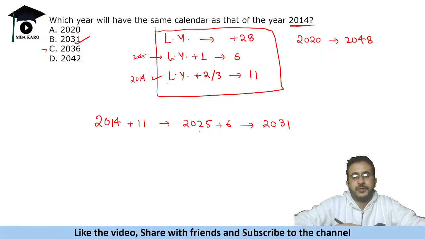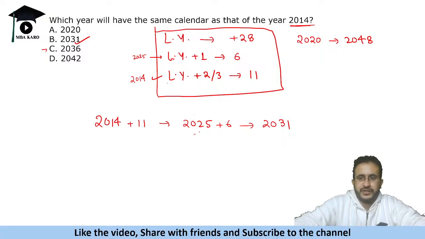Sometimes they might ask a question that in which year next year the calendar would be same. So next would be 2025 because it will repeat after 11 years. And now it has become of the format leap year plus 1 because 2024 will be a leap year. So it will repeat after 6 years, hence 2031. So those who got 2031, your answer is correct.